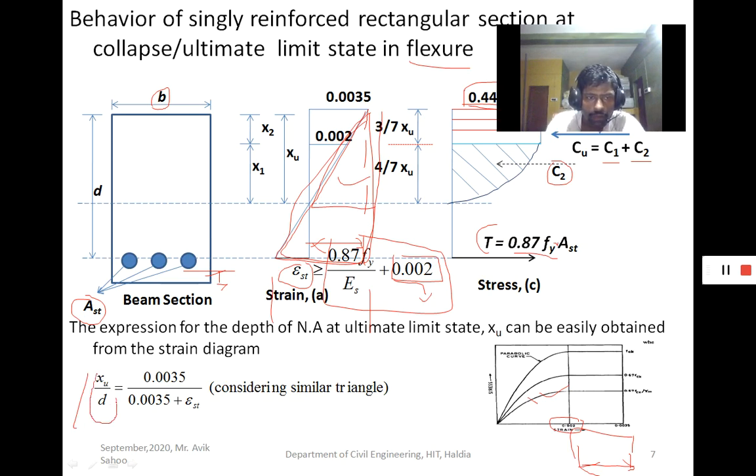So Xu by d is 0.0035 by 0.0035 plus epsilon st. This is the limiting strain.